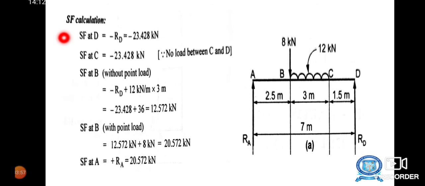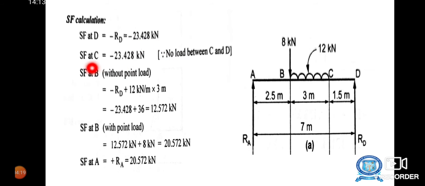Next we calculate the shear force. First, shear force at point D. At D there is no load applied, but the reaction force is there, so it is minus RD, equal to minus 23.428 kilonewton.